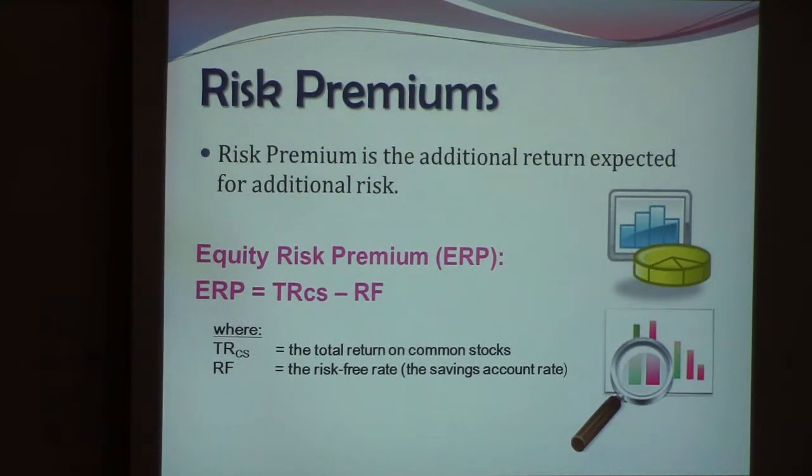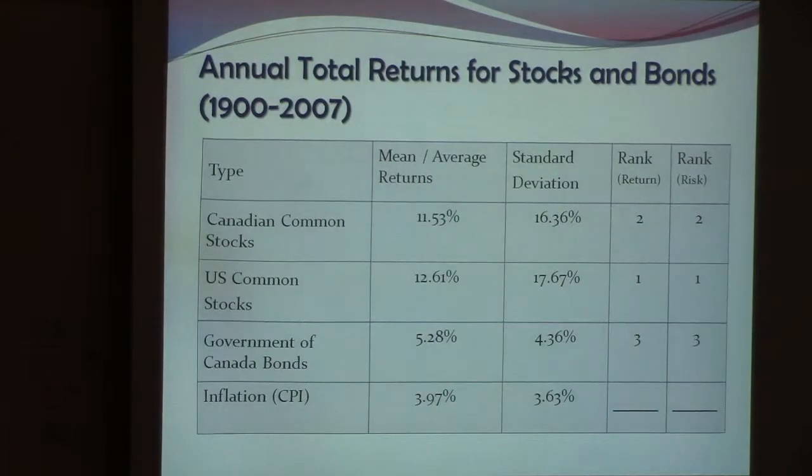Now let's take a look at the last slide. This provides you a table, information about the last over 100 years of data. So basically, it proves that the higher the risk, the higher the potential return. You can look at the three types of investments that have been highlighted here. You've got the Canadian common stocks, you have the US common stocks, and you have the Government of Canada bonds.